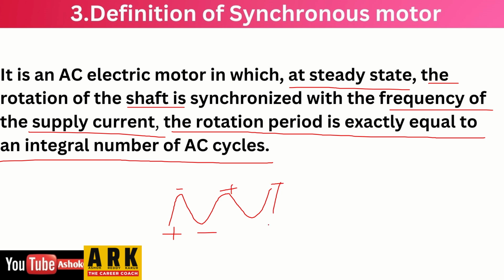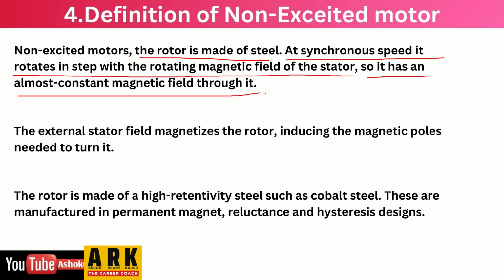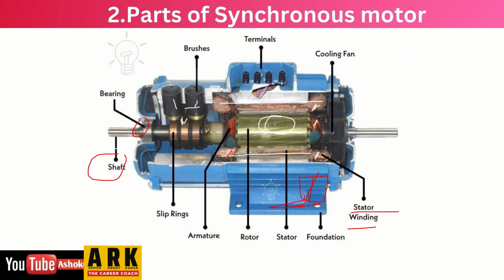Now the definition of the non-excited motor. In non-excited motors, the rotor is made of steel. At synchronous speed, it rotates in step with the rotating magnetic field of the stator, so it has an almost constant magnetic field through it. As you see here, this is the stator and this is the rotor.